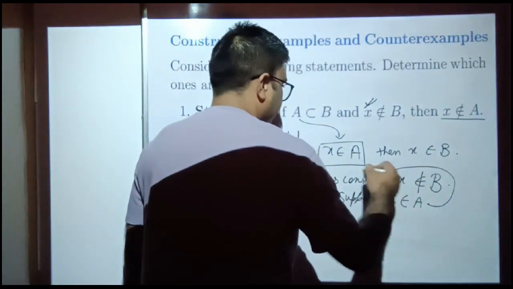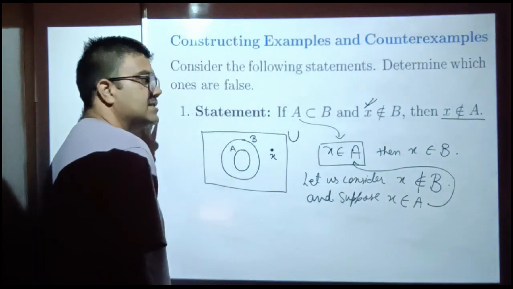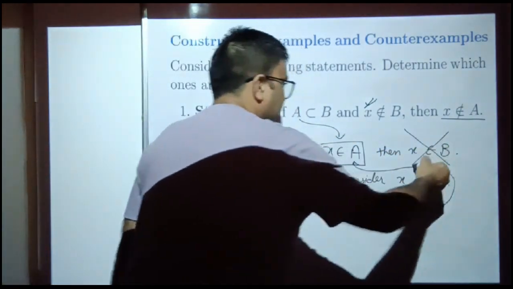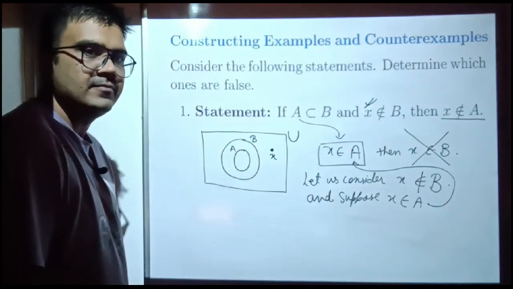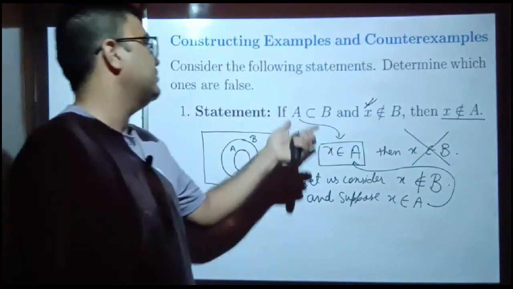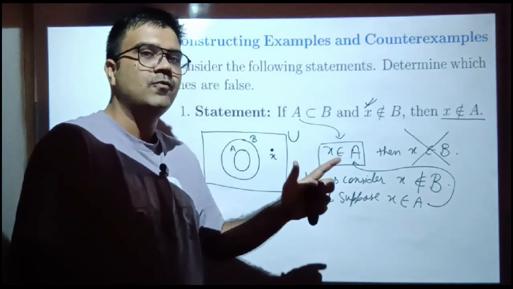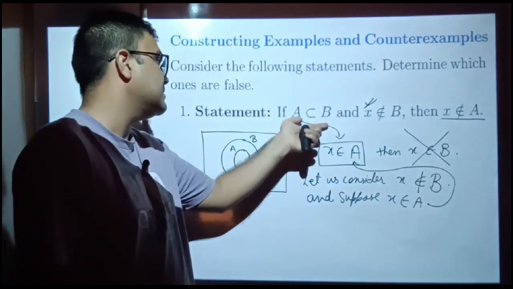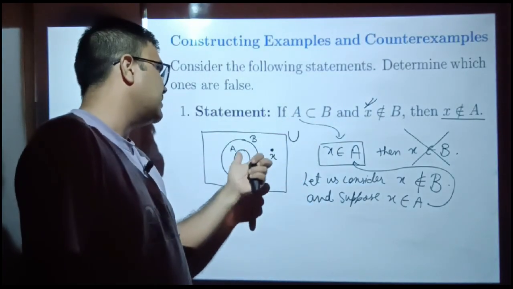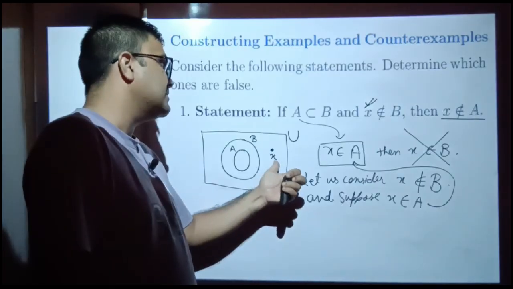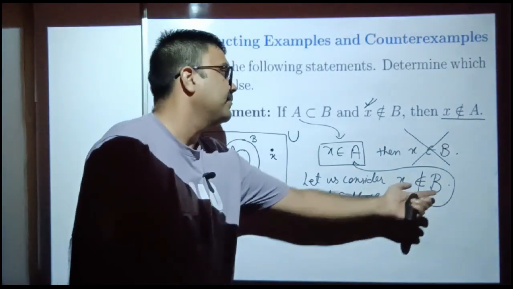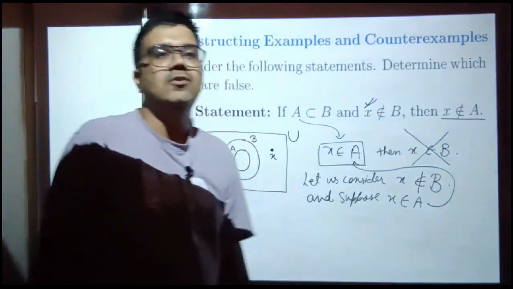Then because of the definition of the subset, this thing will become contradictory. I am not giving any formal proof over here, I am just giving an explanation. It means that if A is a subset of B and X is not an element of B, then X cannot belong to A.